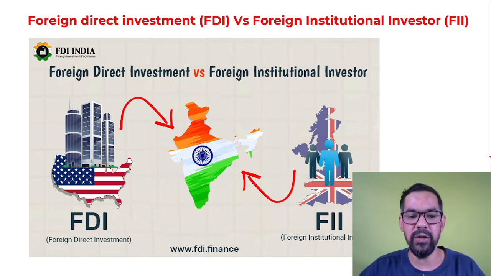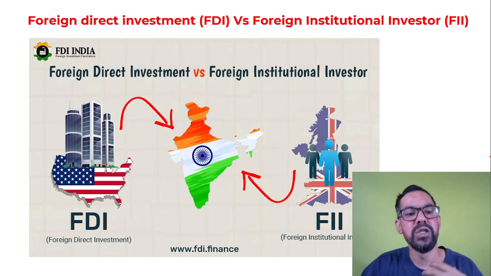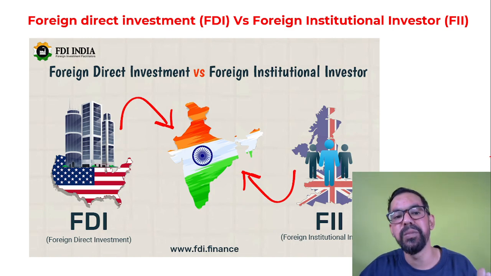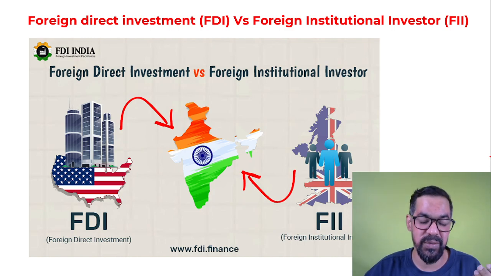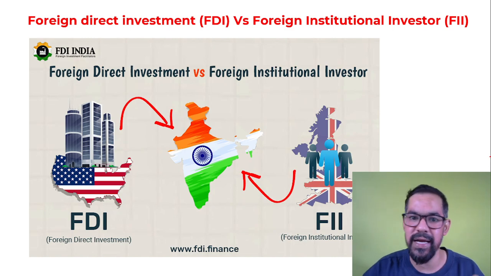Okay. Now there are the terms FDI and FIIs. I hope you have heard about these terms many times. Every day when you read the newspaper, there are news items about foreign direct investment and about foreign institutional investment. So what is the key difference between these two? We will understand in this video.